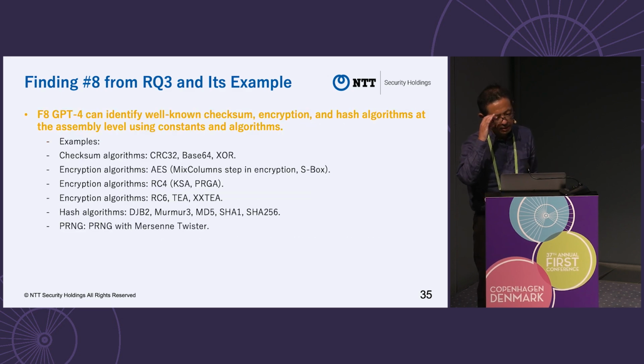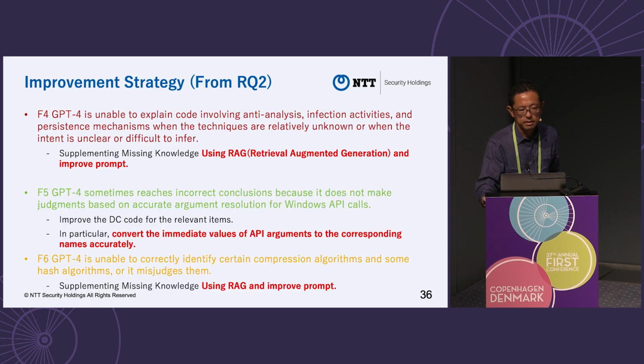This is the last finding. Finding 8: GPT-4 can identify well-known checksum, encryption, and hash algorithms at the assembly level using constants and algorithms. You can see CRC32, AES, RC4, or something like that.